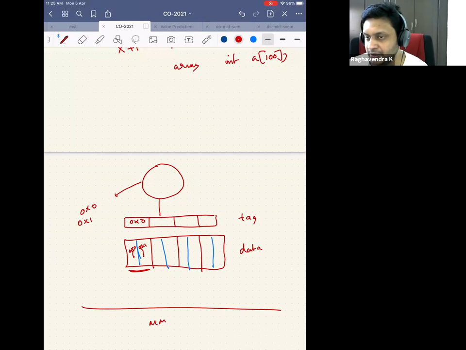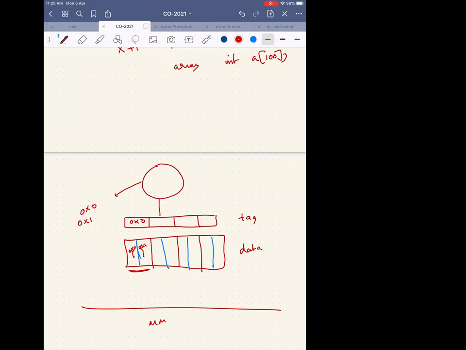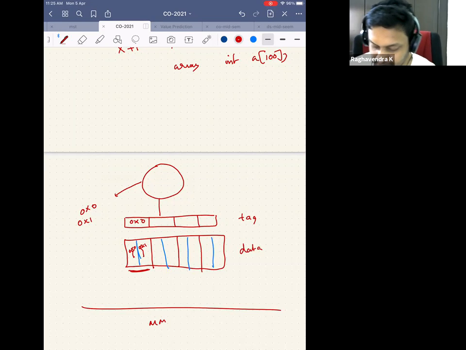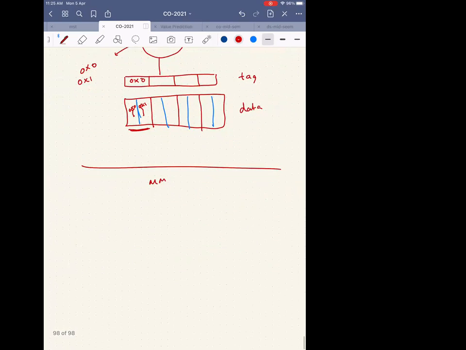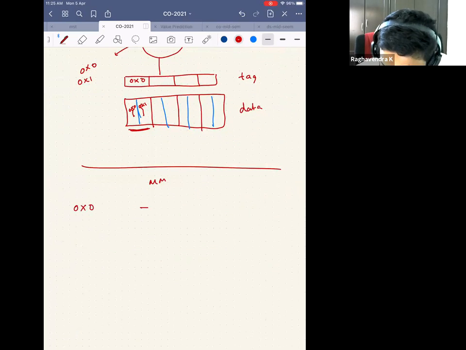Yeah, so then, okay, multiple of 2, then what do you do? You just store the even number. So if you want 1, you just check the previous number, because the lower even number is what you would have tagged it as. Okay, so what Devashi is saying is this. Let's see how this behaves. When I fetch 0x0, I will go to the main memory and fetch 0x0 and 0x1.